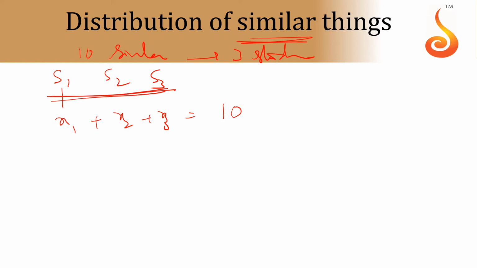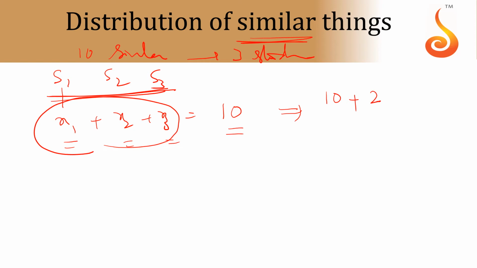So the number of non-negative integral solutions for this will be, how to do it? There are 3 boxes and 10 things. So 10 plus, reduce the number of boxes by 1, that is 2. What is the logic behind this? See, there are 3 boxes, and these 10 things are there.